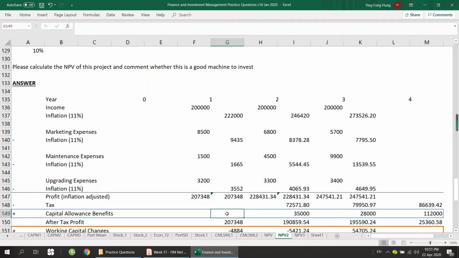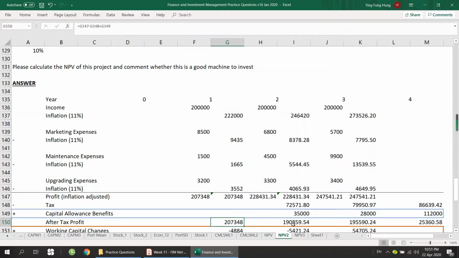And since in the first year we pay the tax one year later, and also get the capital allowance one year later, the tax will be 0 in the first year, and the capital allowance will also be 0 in the first year. Therefore, the after-tax profit in the first year is going to be 207.348 thousand.